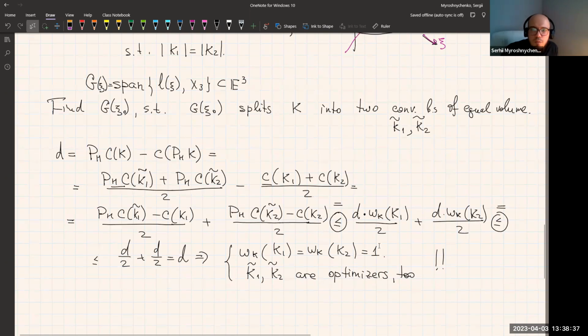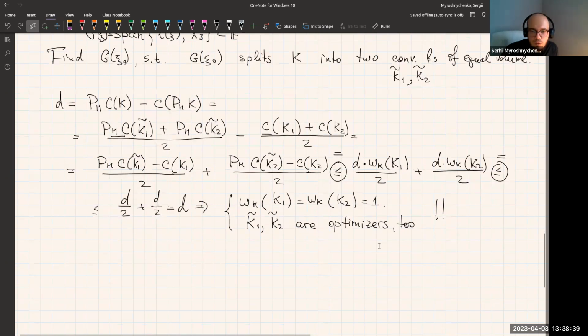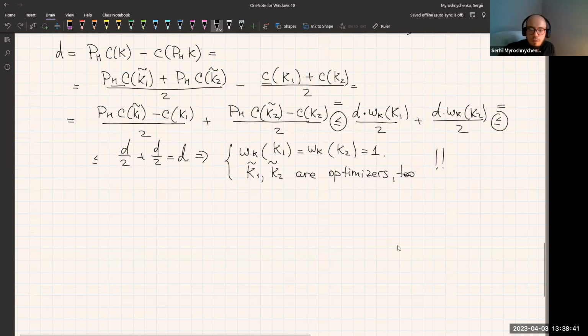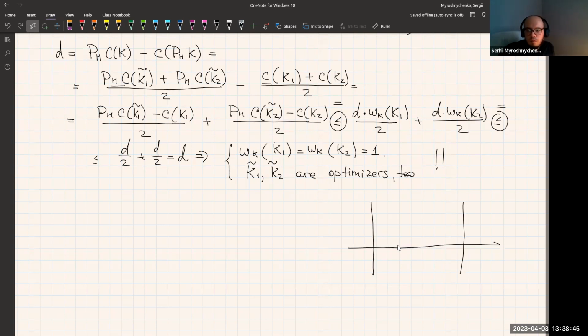Okay, so let's come back to the picture that I drew before, but I don't want to look there. It's a bad picture. Let's make a new one. So we had our x1. This is our width from 0 to 1. And I have something like this in the projection. This is the body of revolution.